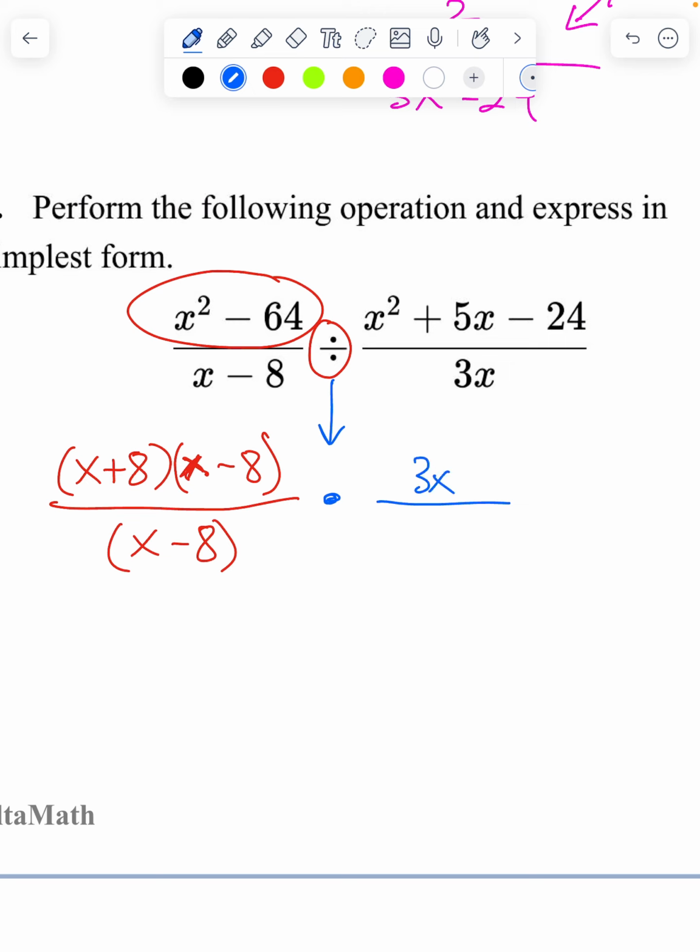So 3x goes on top. And then this part I'm going to need to factor. Now you could use box and circle. I'm doing it in my head. I'm thinking of two things that multiply to -24, but they add to 5. So I'm thinking plus 8 and minus 3, because 8 times -3 gives me -24, and then 8 plus -3 gives me +5.